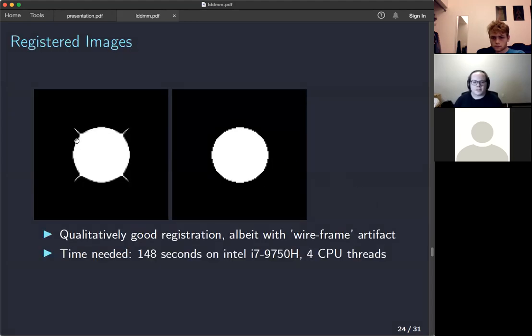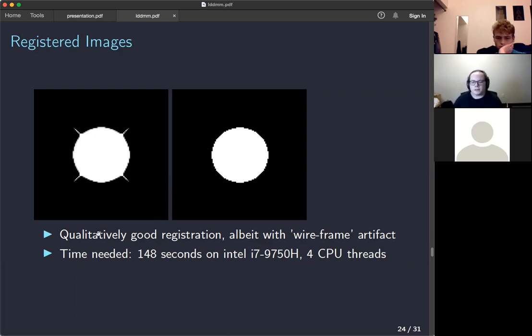So you can see on the left is our wannabe sphere, and on the right is the actual sphere, and it looks pretty good. I mean, there's these things obviously coming here. I'm going to call them wireframe artifacts, which are pretty much a result of the fact that we can't actually diffeomorphically map a square into a sphere, or square into a circle, cube to sphere, same idea.